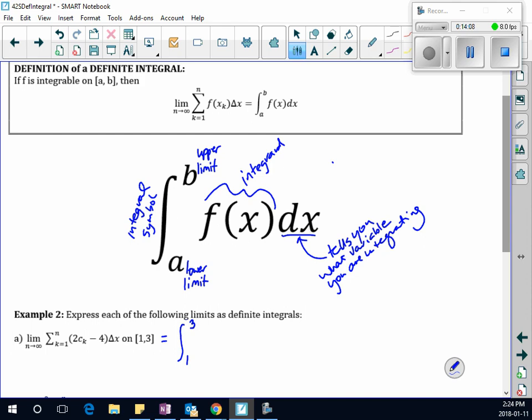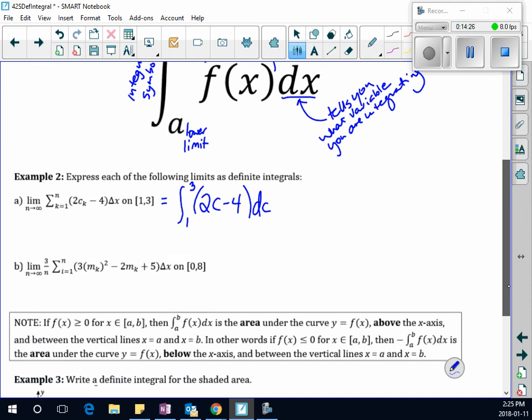It's exactly what it says: 2c minus 4. If you use 2c minus 4, then your variable would be dc. I would accept 2x minus 4 dx too.